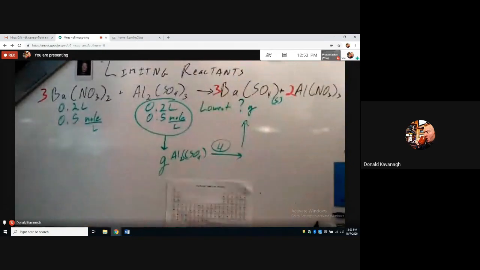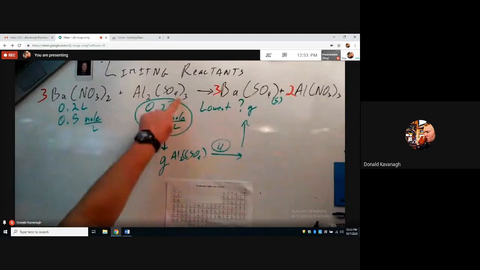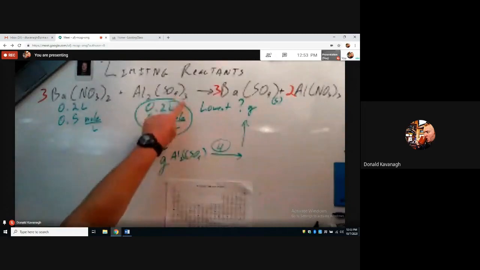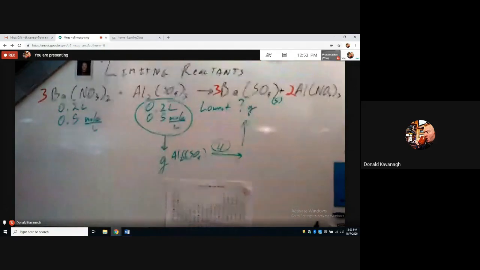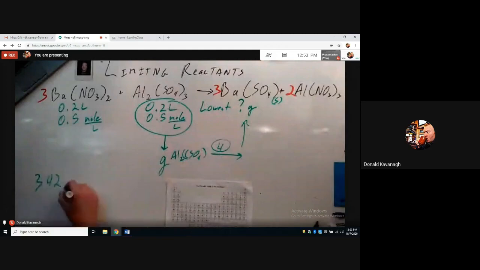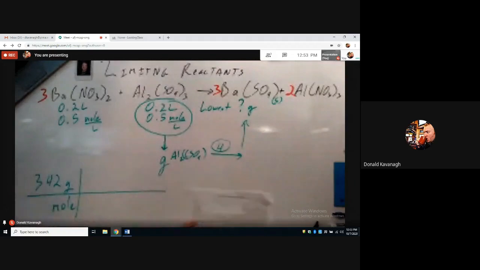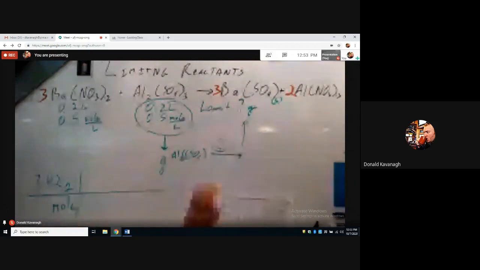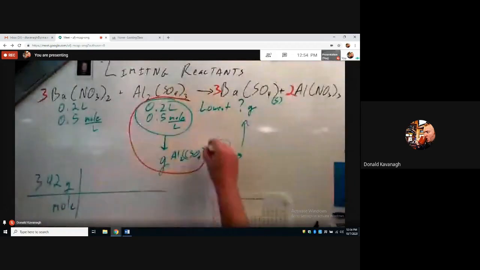So I'm going to add up 2 aluminums, 12 oxygens, and 3 sulfurs. Then you get 342 grams per mole. We are doing this step right now.